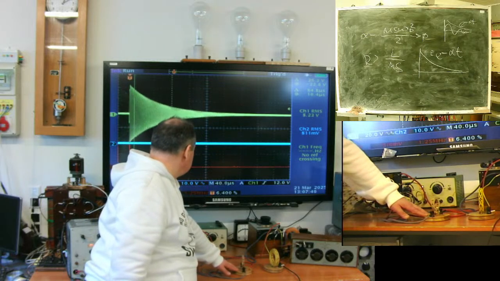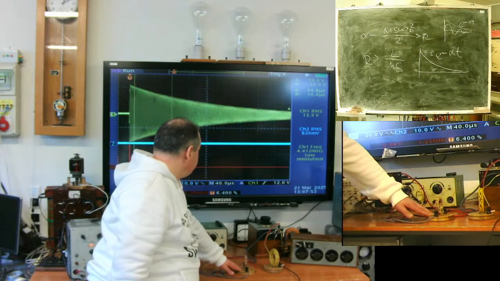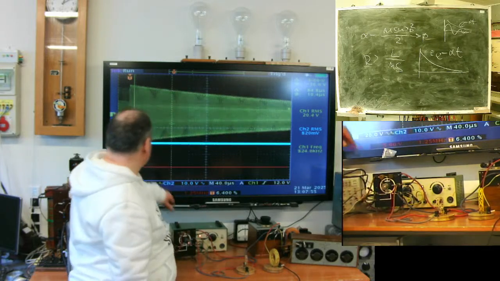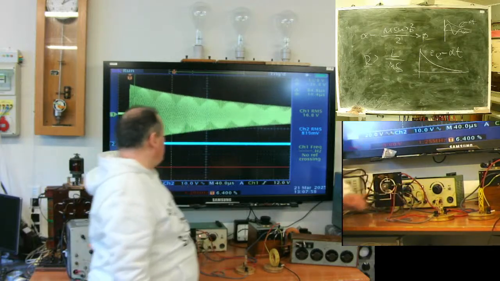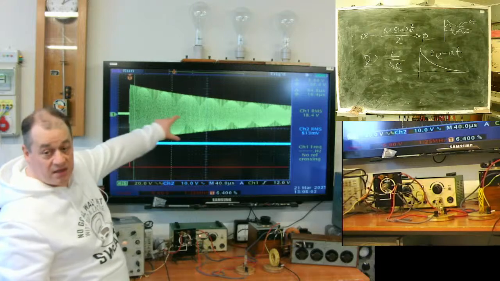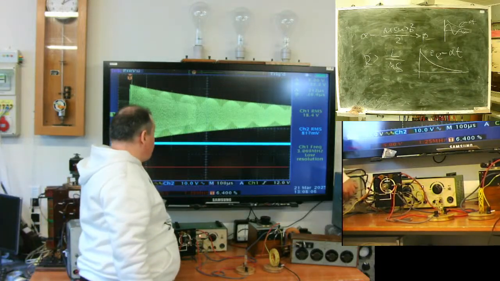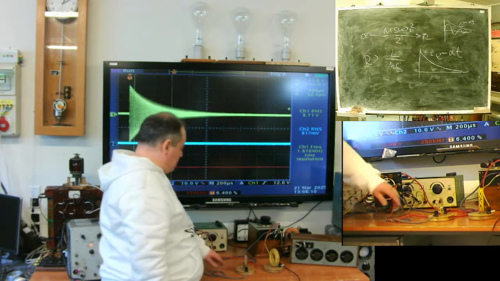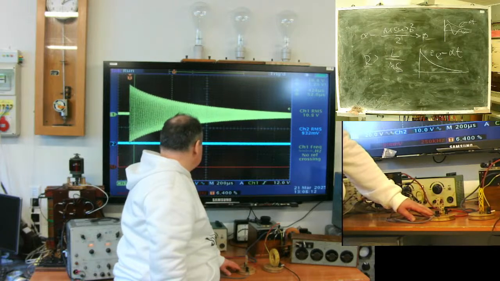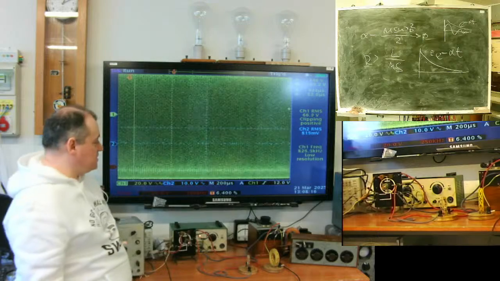Increasing. Come on. I'm on the brink. See how long, but it's still stable. Still stable. I'm on the brink. Stable, system no longer stable.